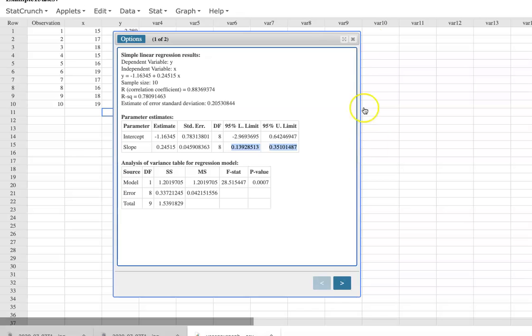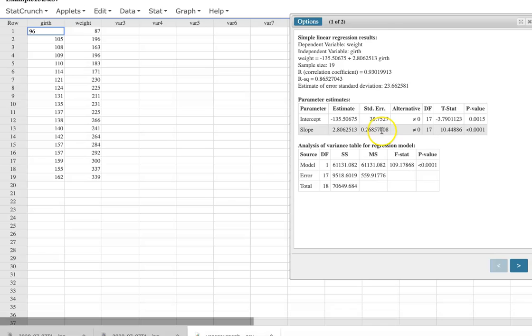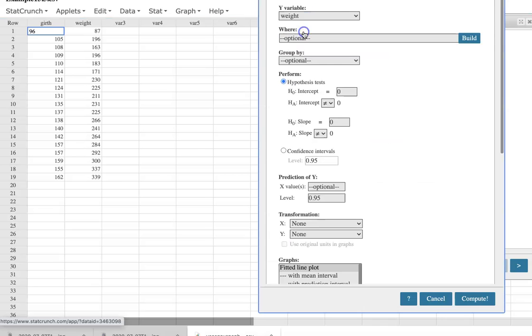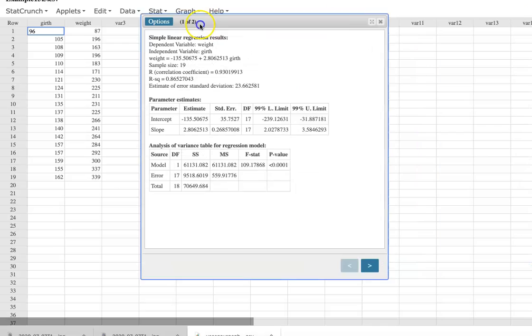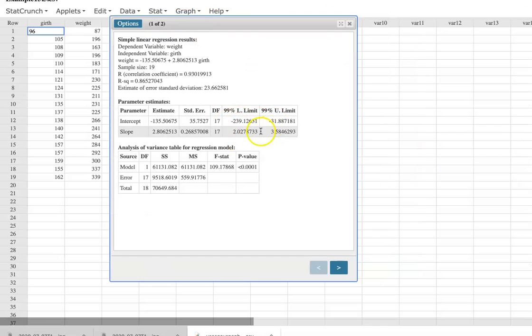We can do the same thing for our ELK data. And so here, if we go to options, edit, and choose the confidence interval, and let's say that we wanted to do a 99% confidence interval, here we would have our upper limit and our lower limit.